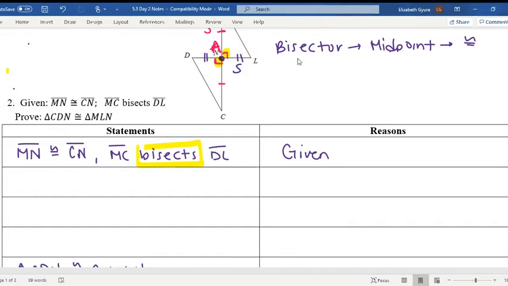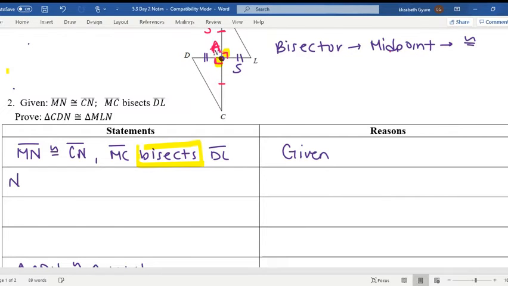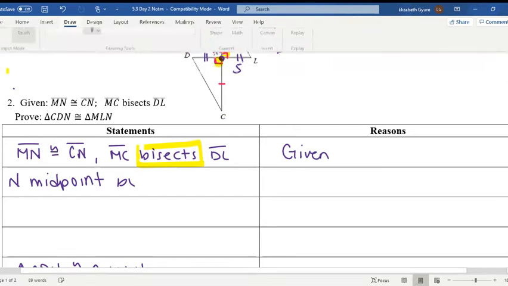It says a segment is a bisector if and only if it intersects a segment at its midpoint, or something along those lines, but you're going to have a midpoint. So what we said before was that N is the midpoint. So N is the midpoint of segment DL, because segment DL is the one that's being bisected.